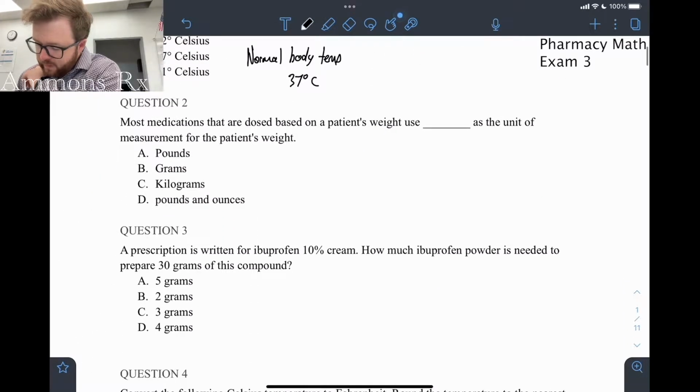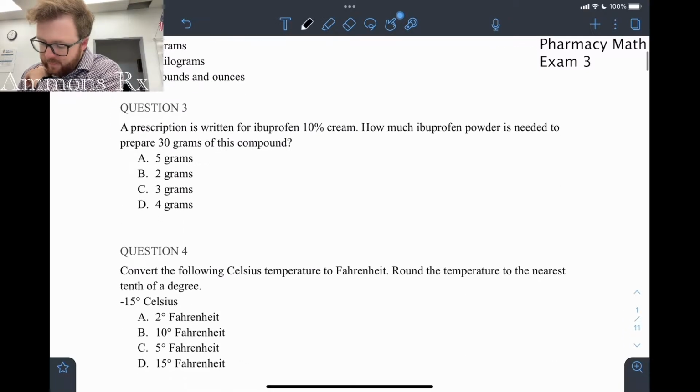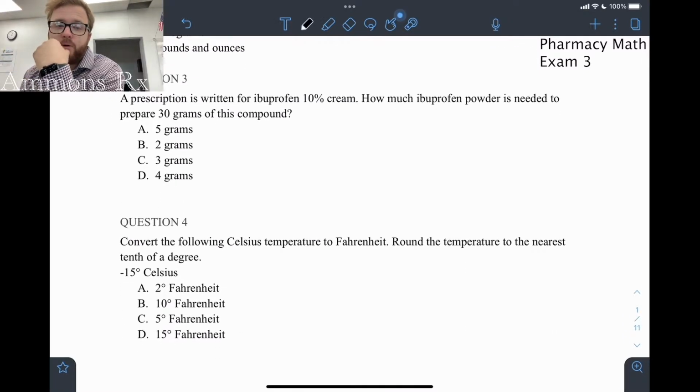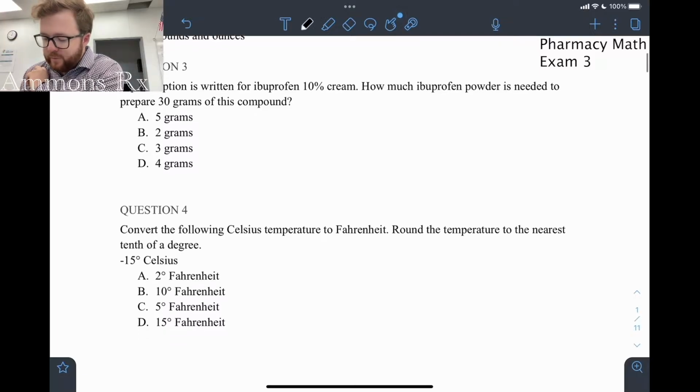Okay. So this is based on weight. So based on a patient's weight, use what unit? That is going to be the basic unit, kilogram. Kilogram is going to be the unit we're going to use for measuring a patient's weight.